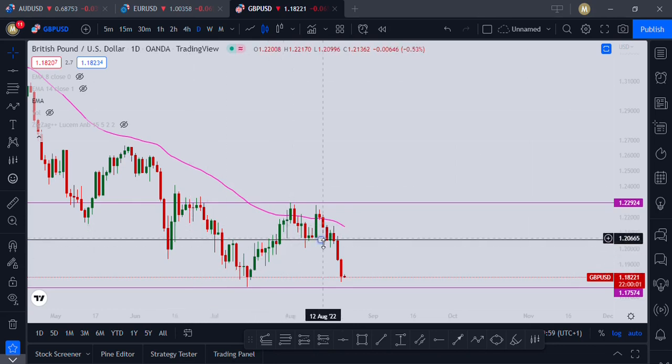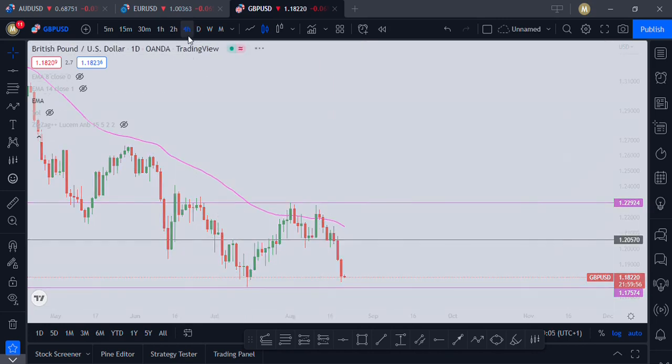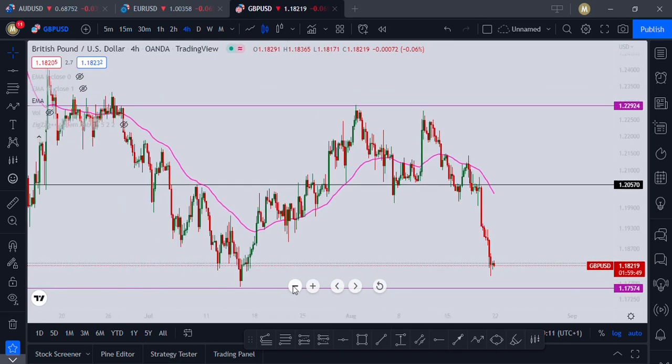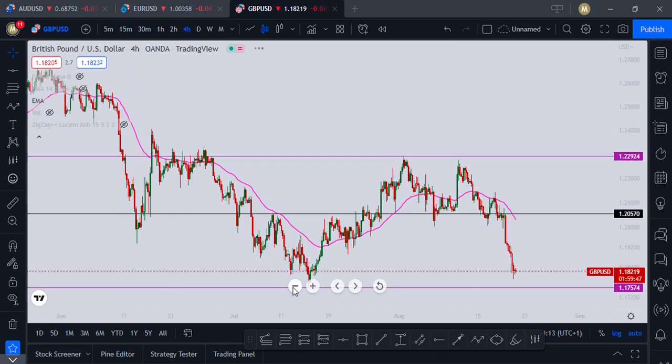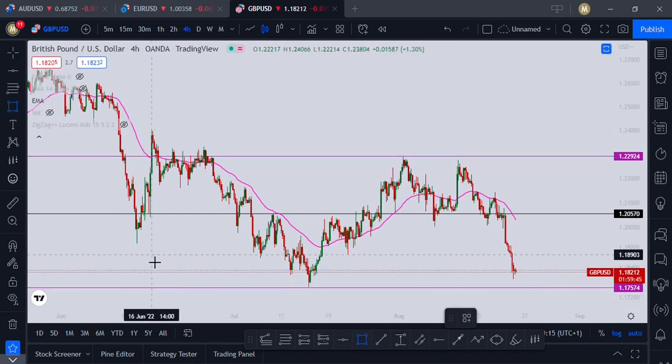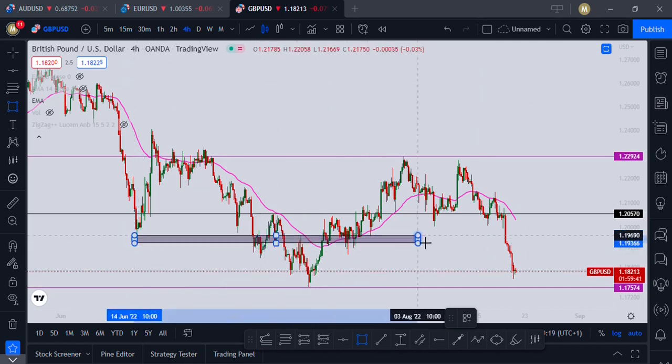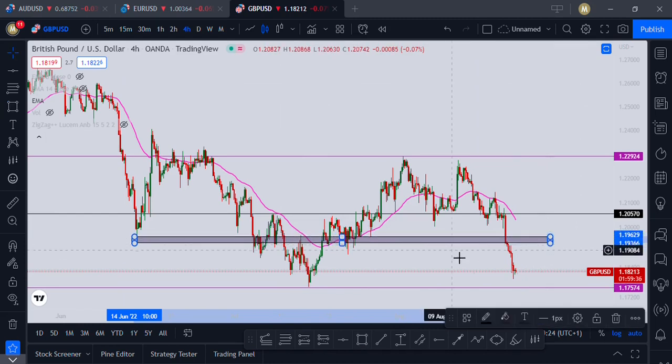Now that we're done marking out the daily, let's go to the 4 hours. Let's see what we have on the 4 hours. Okay, as you can see, this level right here in the 4 hours, there will be rejection at this place, so we're going to put a zone over here.